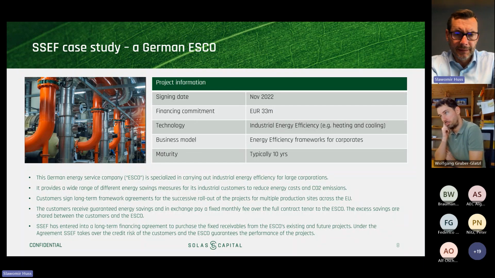We've provided them a commitment of 33 million. We signed the agreement somewhere last year, and I can say we're almost at the ceiling of what we committed. So the cooperation works well, and it's really positive to see that the ESCO model works well for them.